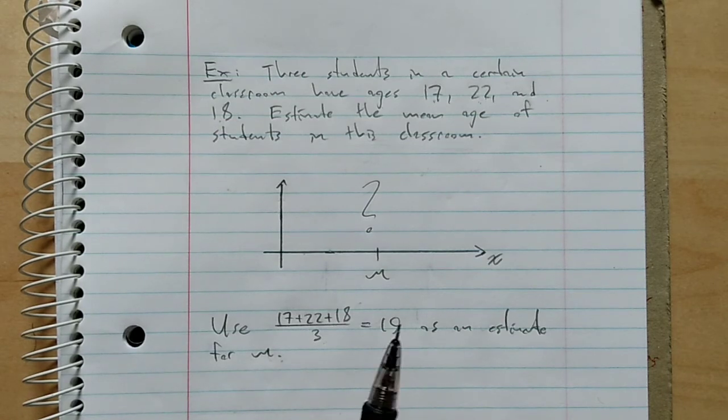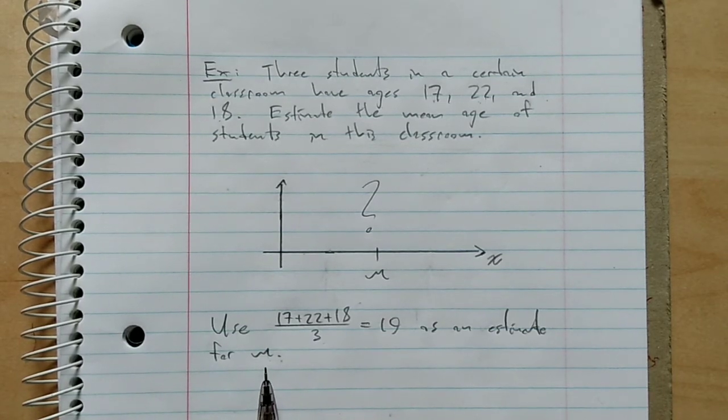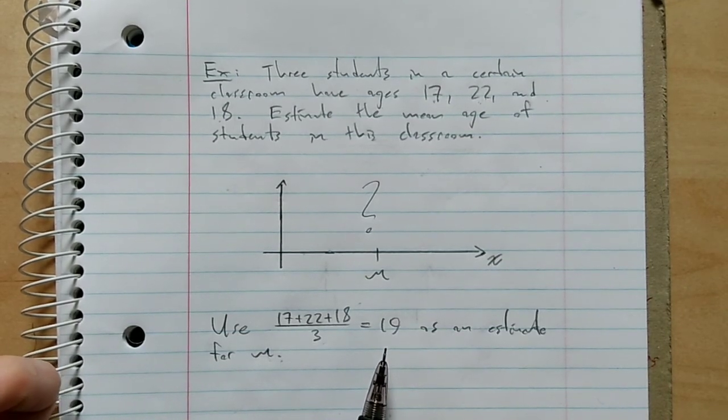So this is nice because this is a really good way of estimating the mean age of all students in the classroom, to use the average of my sample to estimate the average in the whole classroom. But why? You would probably do that, but why? So we're going to try and think about why.